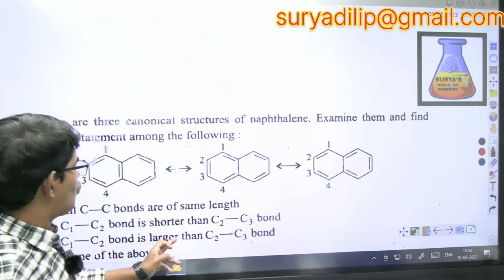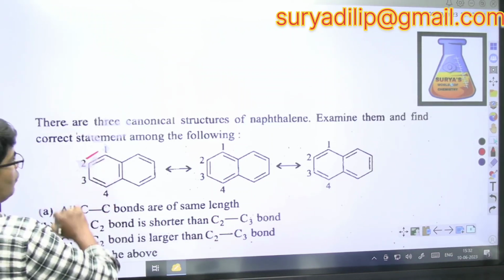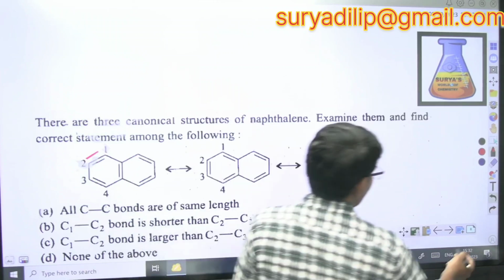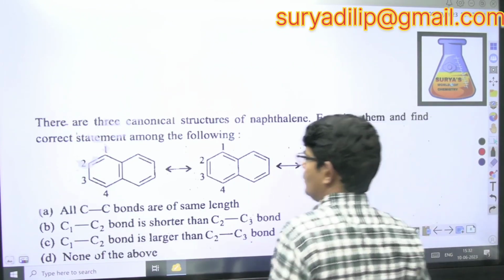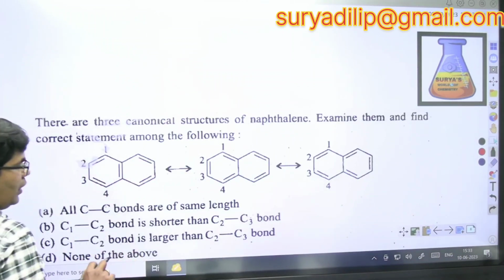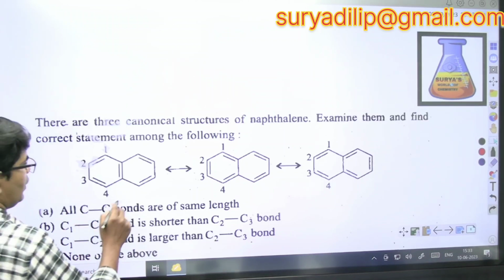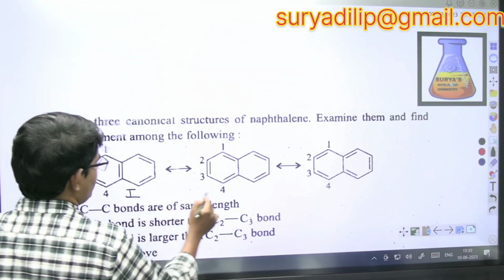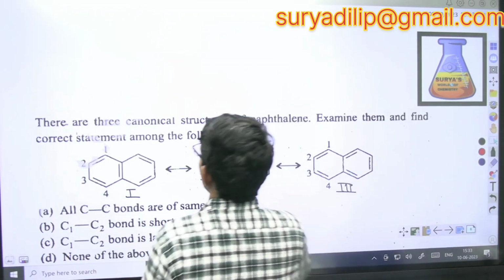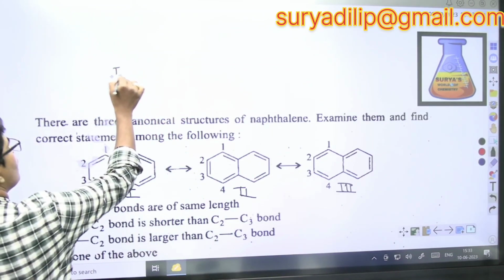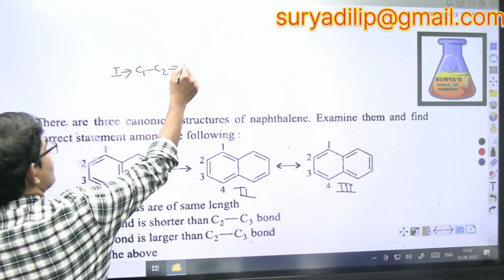C1C2 bond is shorter than C2C3. Is it? Let's check. If I take this as the first resonating structure, this is the second one, and this is the third one. In the first one, C1C2 is a double bond.